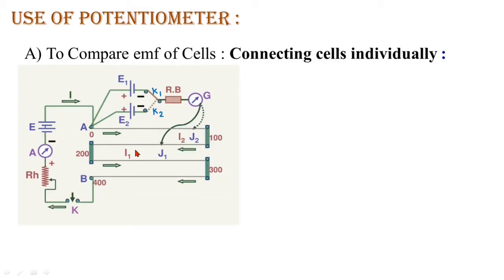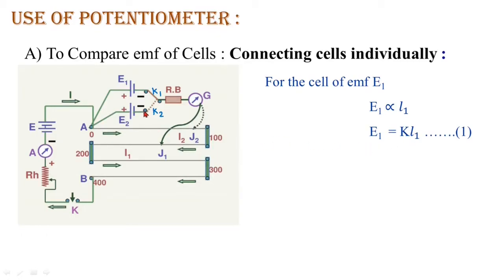Let L1 be the length of the wire between the null point and point A. L1 corresponds to the EMF E1 of the cell. Therefore, for the cell of EMF E1, E1 is directly proportional to L1. We can write E1 is equal to KL1, where K is the potential gradient along the potentiometer wire.